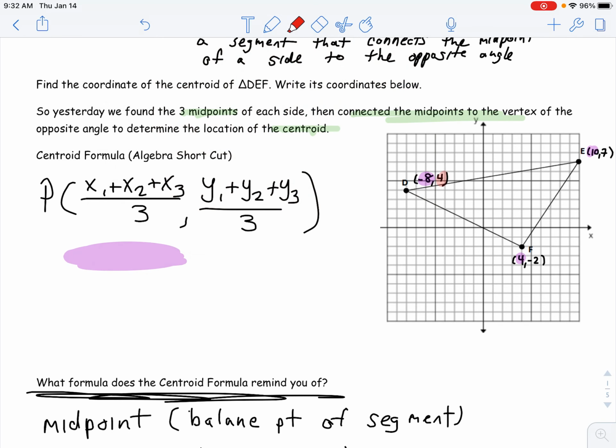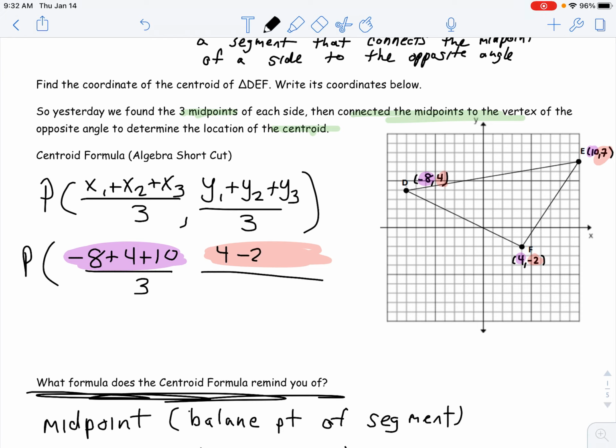And then you do y. Again, the order doesn't even really matter, but we'll keep a little consistency. So negative 8 plus 4 plus 10 divided by 3. And then over here we have 4 minus 2 plus 7 divided by 3.